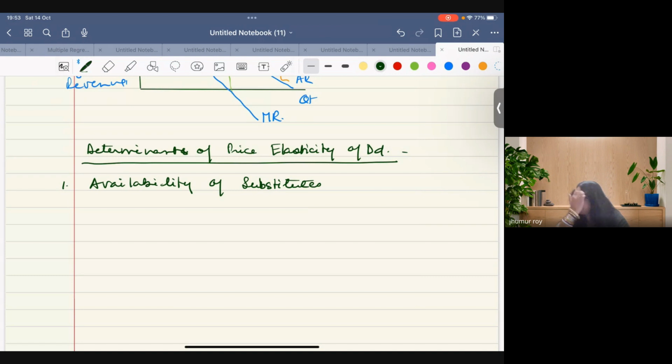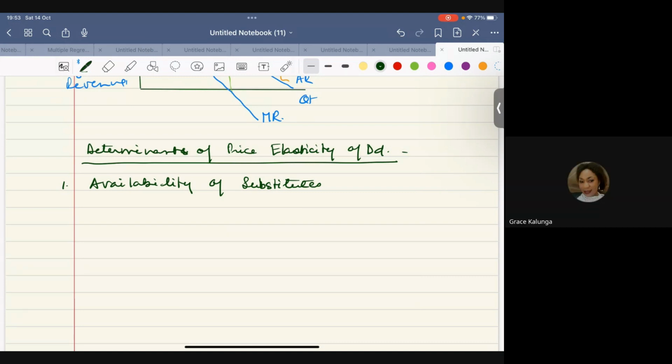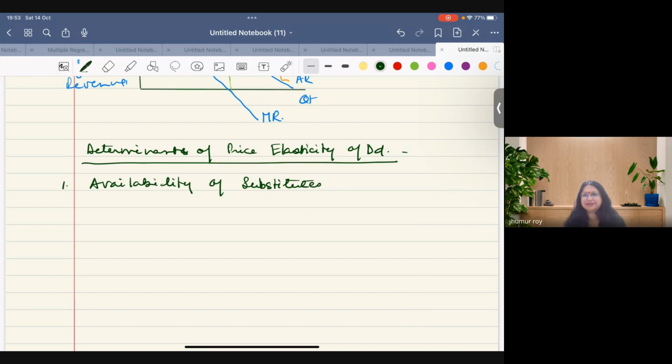If you can decrease the demand of something when the price is going up, what kind of elasticity will the good have? It will be elastic. That means because I have so many other options available to me, naturally it will be elastic.